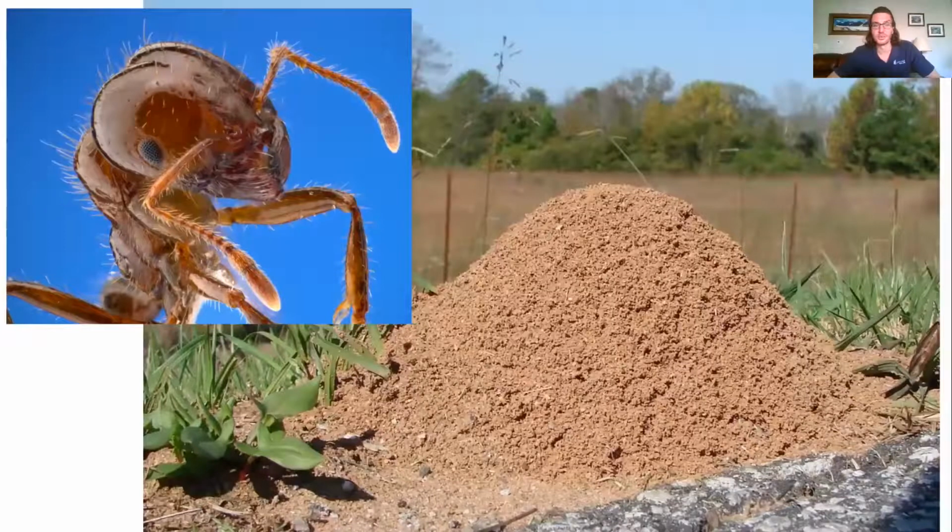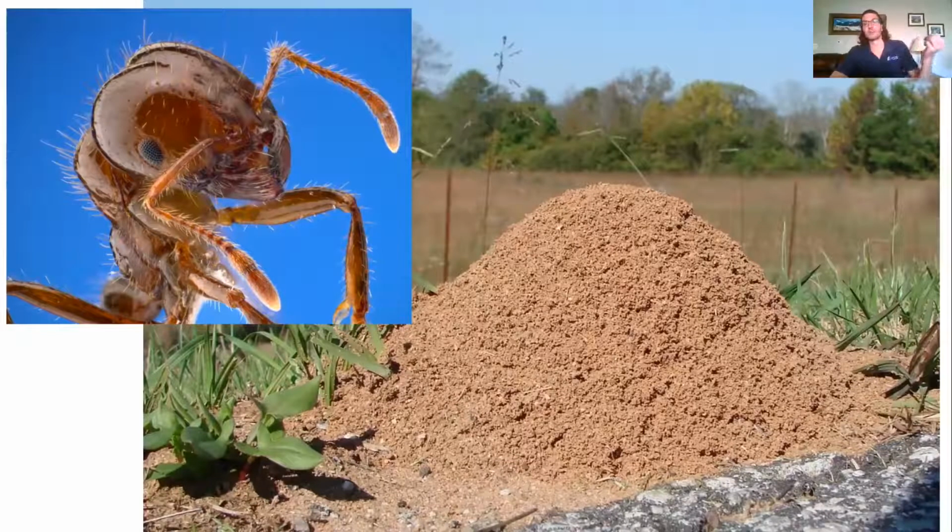I thought this was a really cool example. So if we're here in Georgia, we probably all know what fire ants are, right? They're not fun. And so what I have here is a picture of a fire ant mound. And so what's really cool is that some fire ants have even learned to build their mounds or even change the shape of their mound in a way that increases or decreases how much of the sun's rays can actually hit their mound.